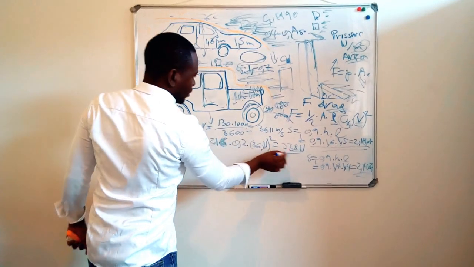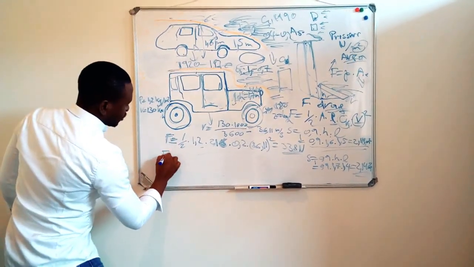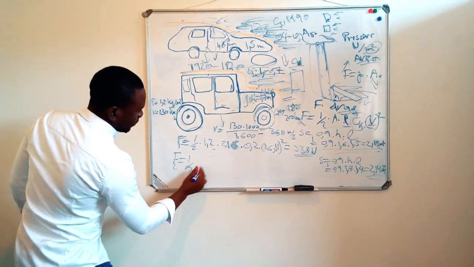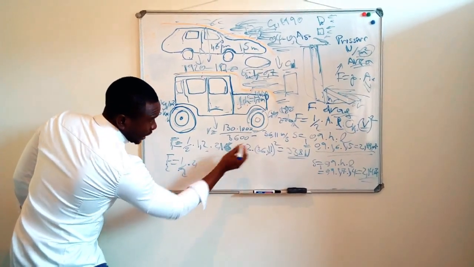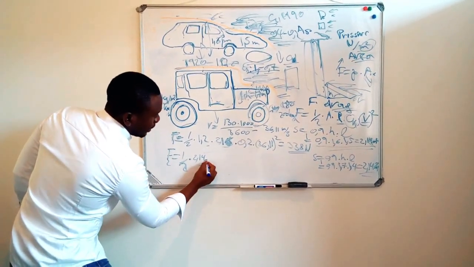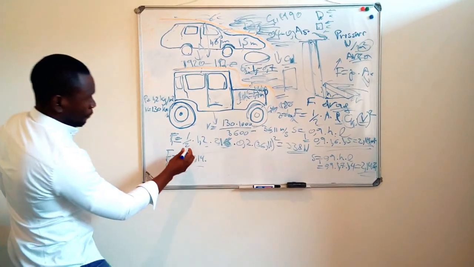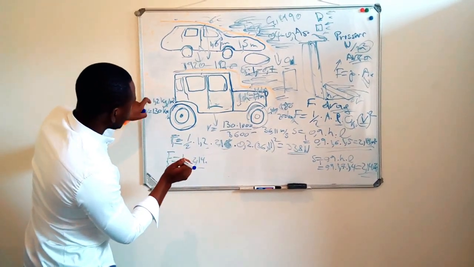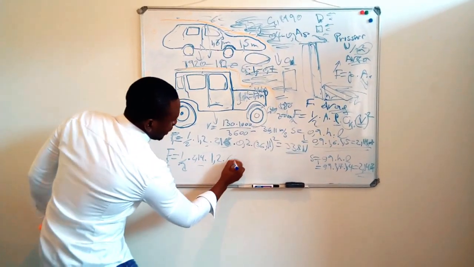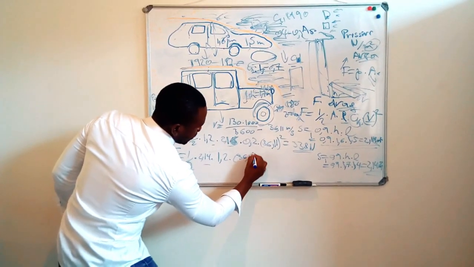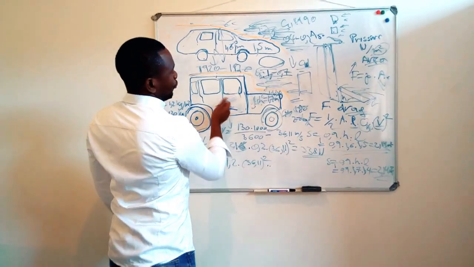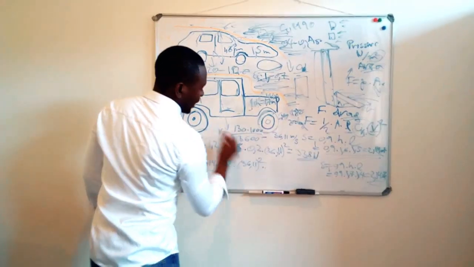Now if I have to calculate the drag force here, it will be equal to 1/2 multiplied by 2.14, the area is almost the same, multiplied by the mass volumic of air, 1.2, multiplied by the speed, 36.11 squared, and then multiplied by the coefficient of drag, which is 1 in this case.